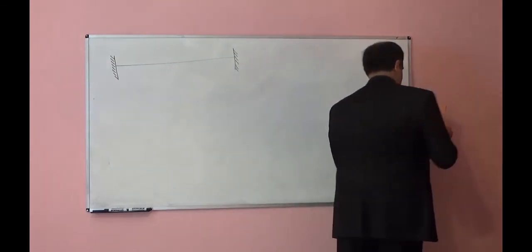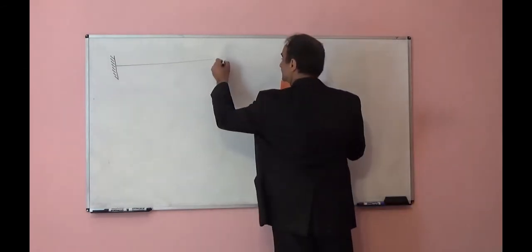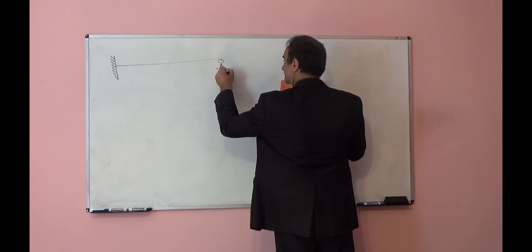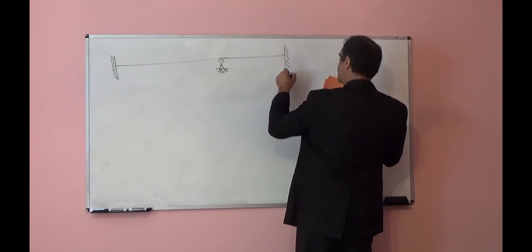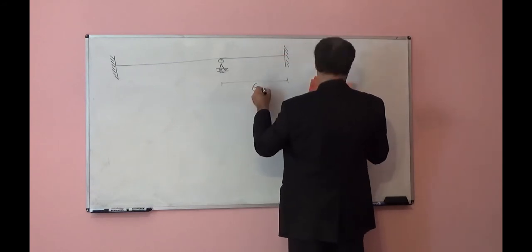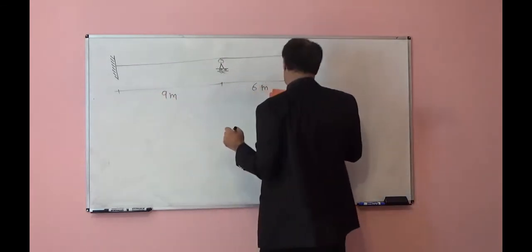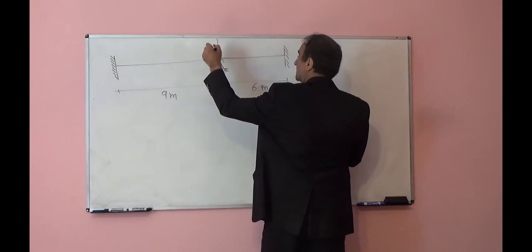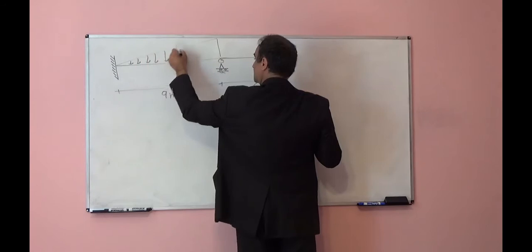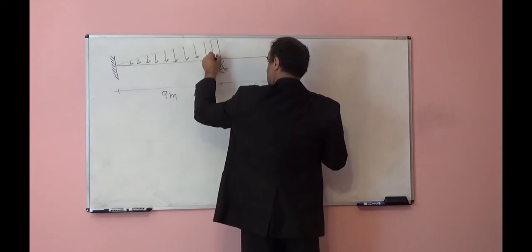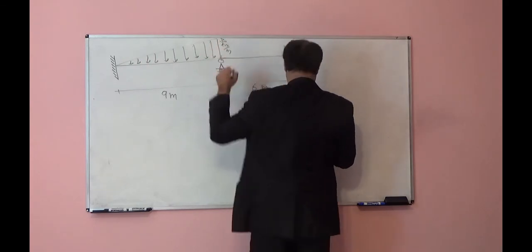That's a little bit I draw using scale. This is 6 meters, 9 meters, 30 kilonewton per meter.